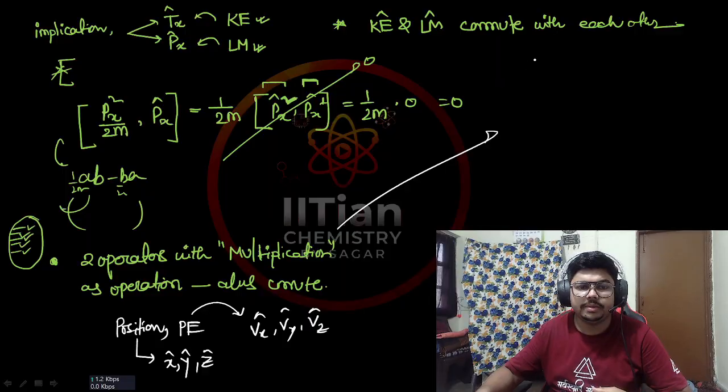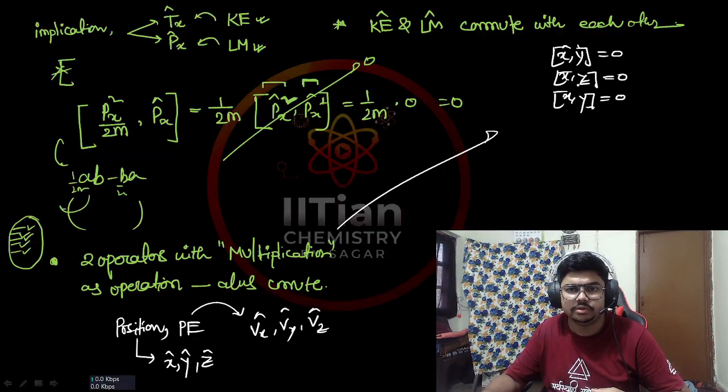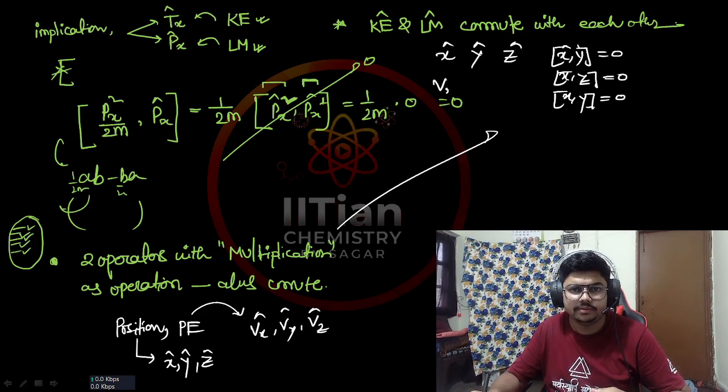It means if we put x comma y as a commutator, it will be 0. X z will be 0, X y will be 0, Y x will be 0, Z x will be 0, Y z will be 0, for every combination. X operator, Y operator, Z operator, position operators, Vx, Vy, Vz operators.